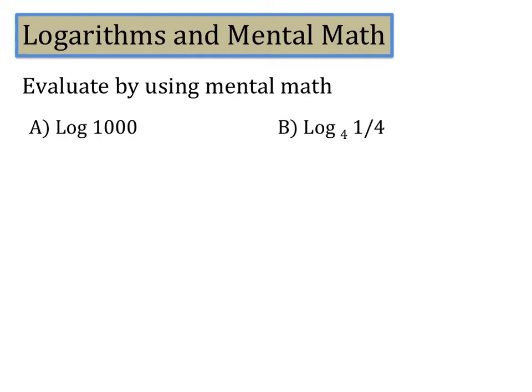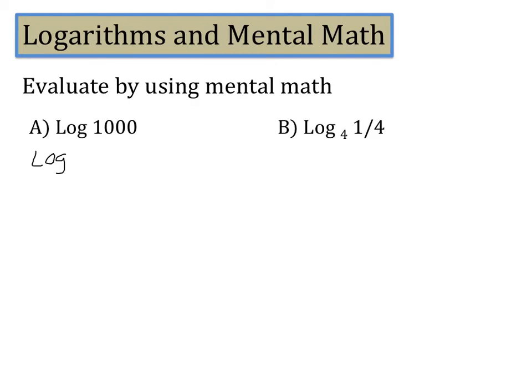Now further on in this chapter we're going to do some logarithms with calculators, but using the information that we know now, we can do some logs with mental math. So let's look at this first example. The log of 1,000. The first thing that we know is that since there's no base written here, it's technically a base of 10. So we can rewrite it that way for now.